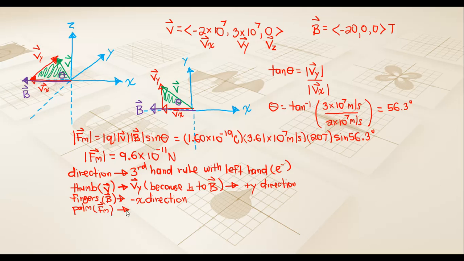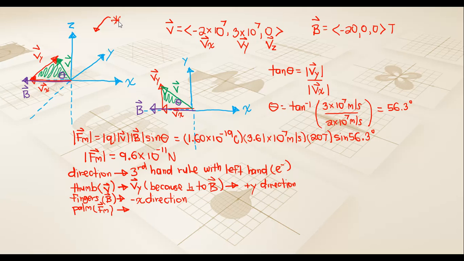Okay, this is where you have to use the third hand rule. Take your left hand, and make sure your thumb and fingers are perpendicular to each other. Now, looking at the picture at the top, point your thumb in the direction of the perpendicular component of the particle's velocity. That points into the page, because into the page is the positive Y direction.